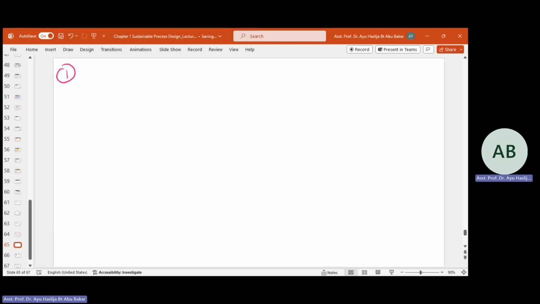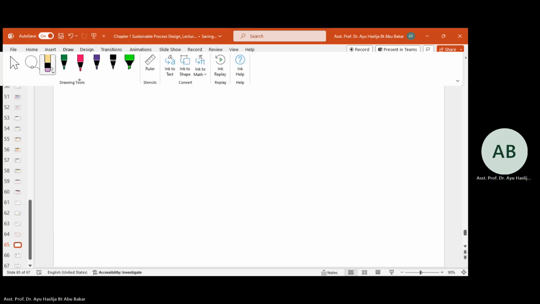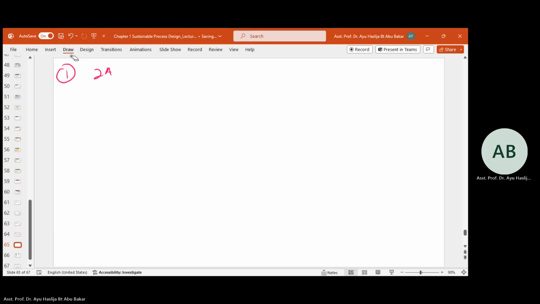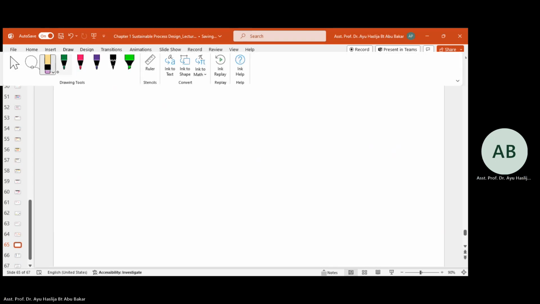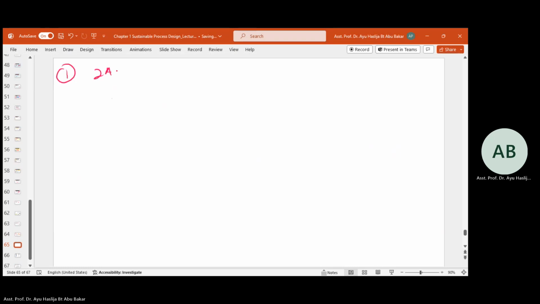For route 1, the reaction that occurs is 2A to S plus R. Okay, we go through one by one.